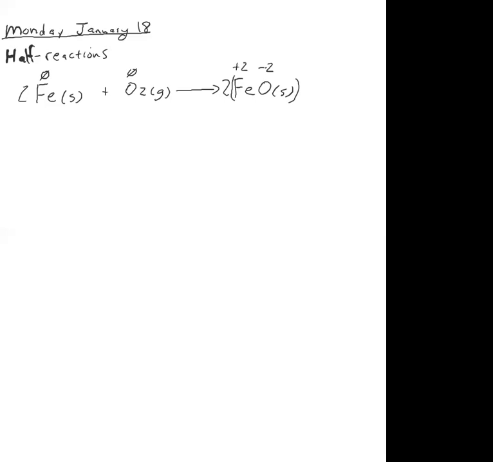Another way is to say, well, what if we have iron as a reactant, and we take a look at what it turns into. It turns into Fe+2. We could ask ourselves, well, what's another way that we could analyze that? And that's to use what's called the half reaction method. So it's very simple.